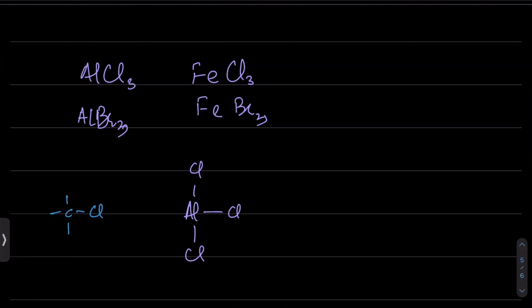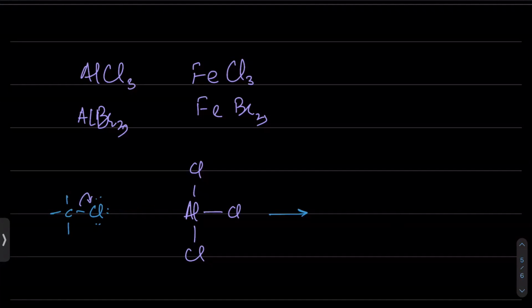So here's what's going to happen. Chlorine has a lone pair. It can share this lone pair with aluminum. And that way, it can create AlCl4 with a negative charge. Hua kya? Basically, when chlorine does that, chlorine also pulls on this bond pair and breaks free.